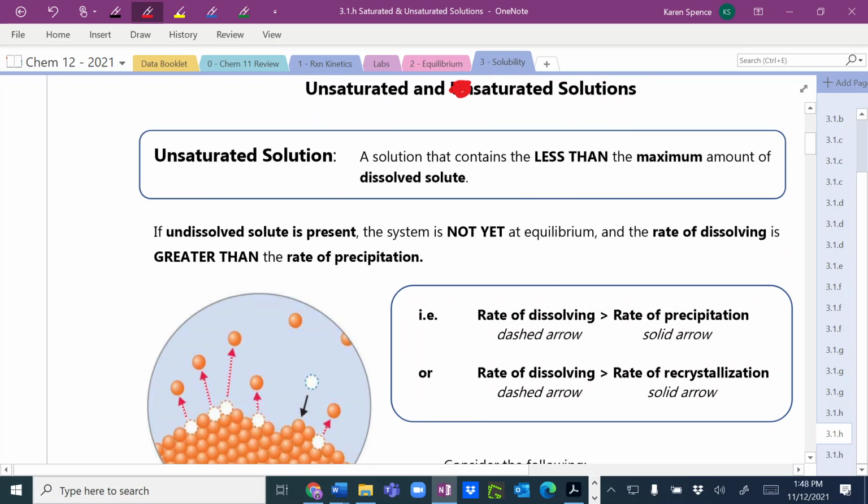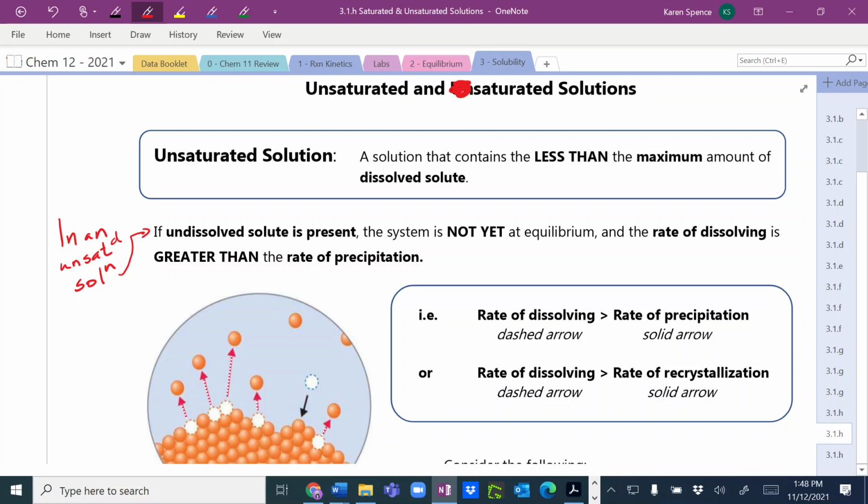In an unsaturated solution, if undissolved solute is present, and this is where we get into grade 12 stuff, because we start talking about rates and forward reactions and reverse reactions, if our solution is still unsaturated, we are not yet at equilibrium. The rate of dissolving will be greater than the rate of precipitation.